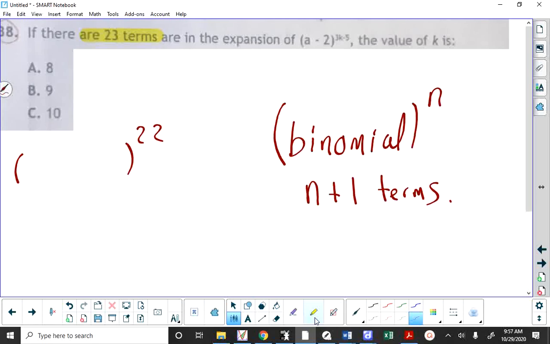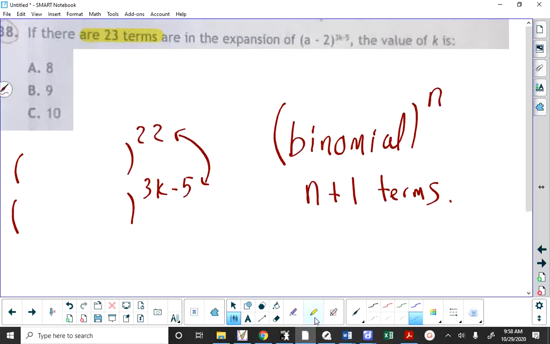And if we want to find the value of k, what we're going to do is say that k can be found by taking the exponent, 3k minus 5, and setting it equal to 22, because we know the exponent has to be 22. I'll repeat that. The exponent is always 1 less than how many terms you get.